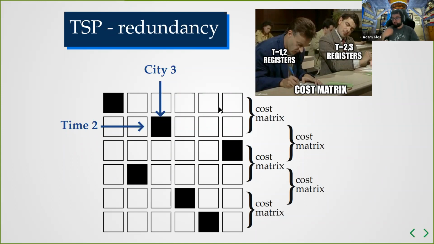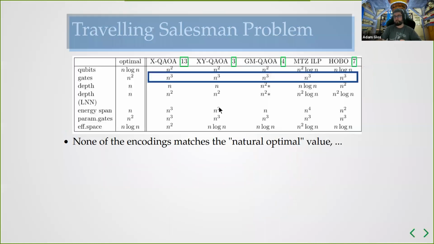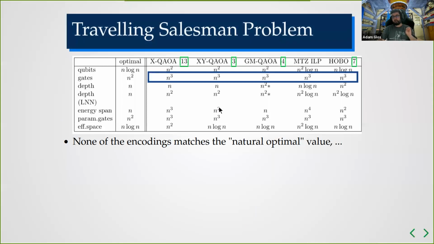Now, let me remind you, we assumed, and we believe it is a realistic assumption, that the number of degrees of freedom is a realistic lower bound for the number of gates.